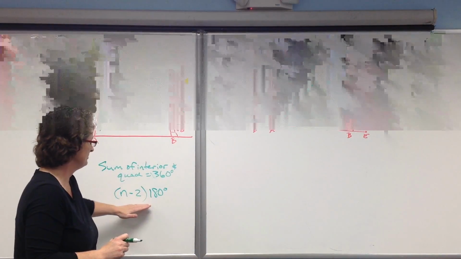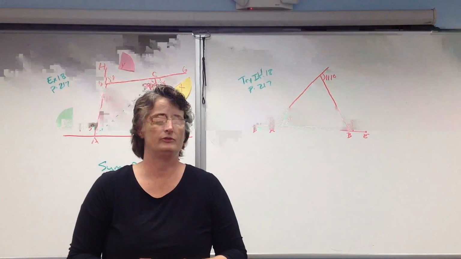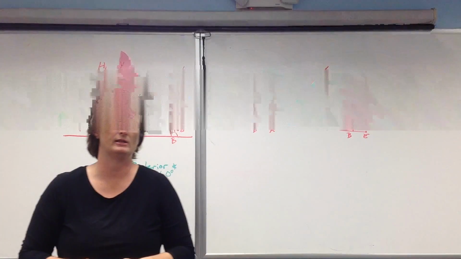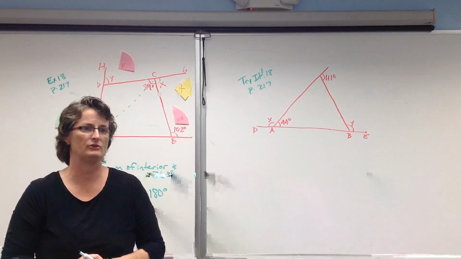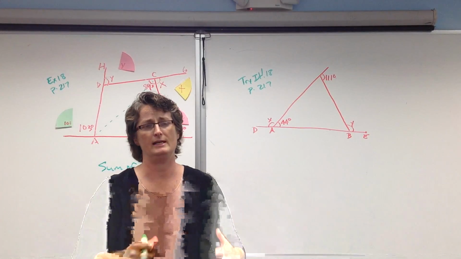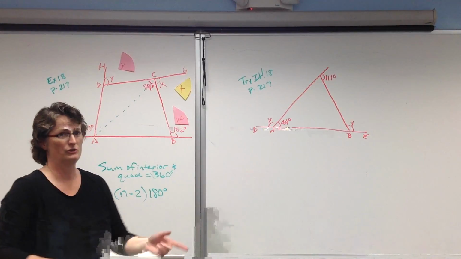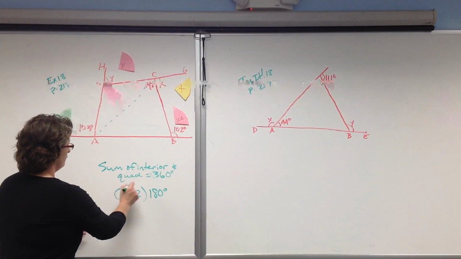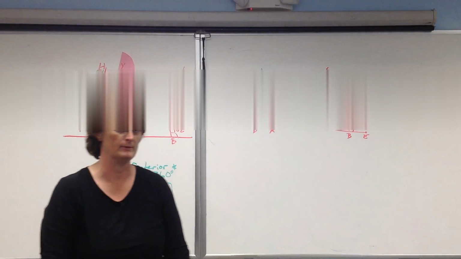But now you can say whatever number of sides there are in a polygon, let's take 15 sides, then you know that there are 13 triangles, 13 times 180 is whatever, and that gives you the number of angles on the inside. So this formula right here is really, really important for you to remember.